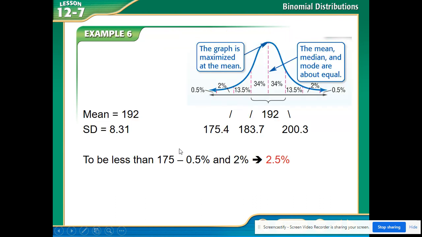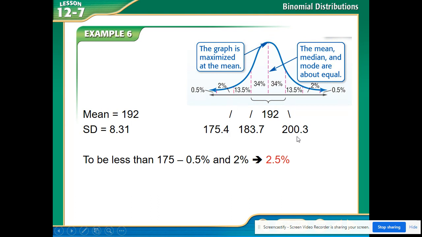All right, so how does that work? Remember, this is our standard deviation chart, our normal distribution chart. I took this from the section earlier this week. And the middle is 192. That was the mean. Now remember, we go one standard deviation, or 8.3, in each direction. So this is 183.7 and then 175.4 for this value here.